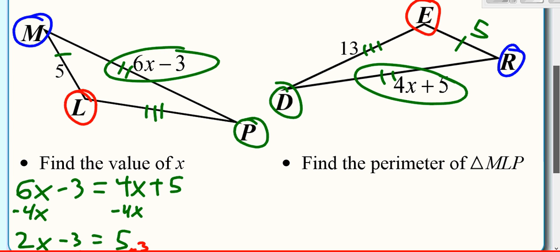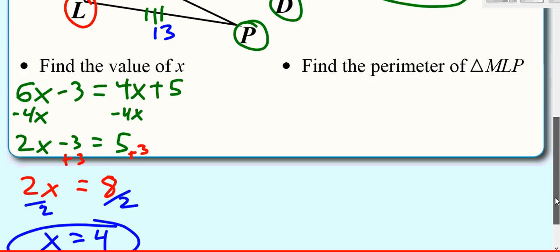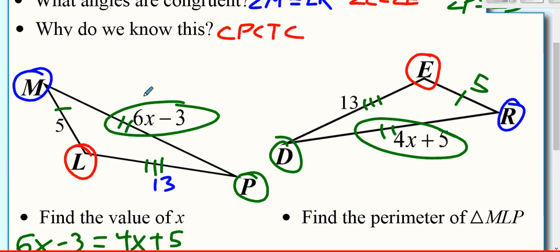So to finish this now, the next part says find the perimeter of MLP. Well, since this side's 13, we know this side's 13. So if we're trying to find the perimeter, we know this side's 5, this side's 13. We need to find out what the MP side is. We just found out X was 4, so we can plug in 4. 6 times 4 minus 3. 6 times 4 is 24.